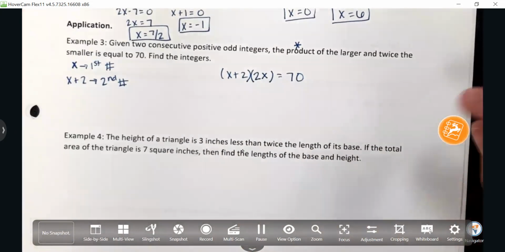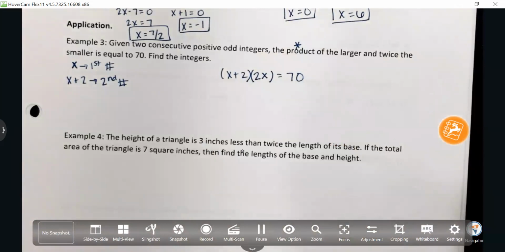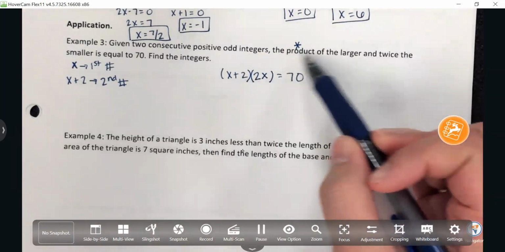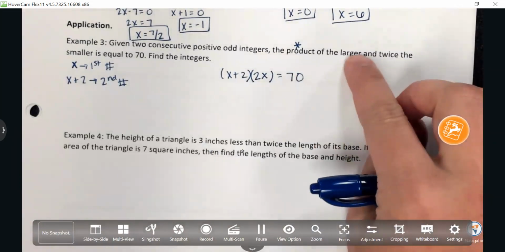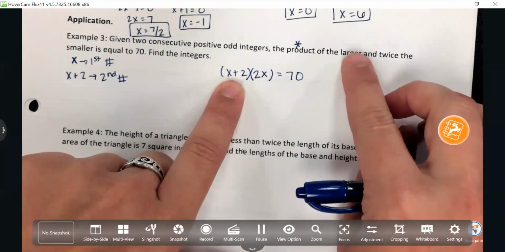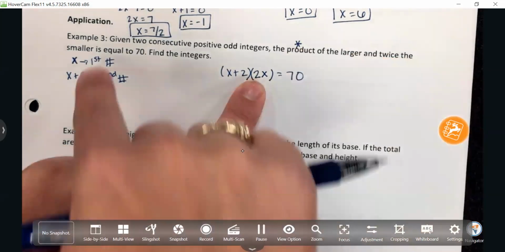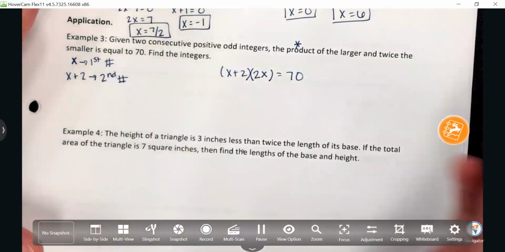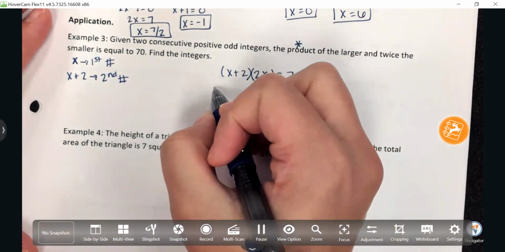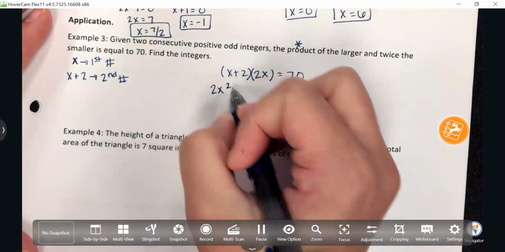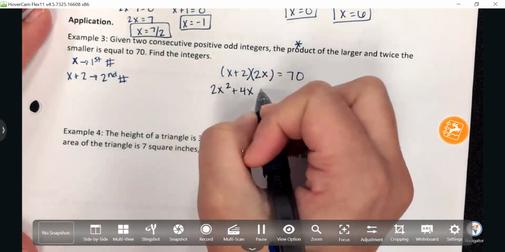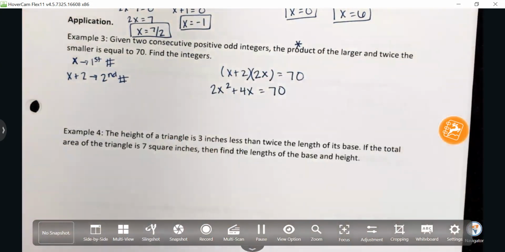Questions on how I got that? Okay. Product means I'm multiplying the larger number. The larger number is X plus 2, and I'm multiplying it by twice the small number. So now I can distribute. So I will have 2x squared plus 4x equals 70.